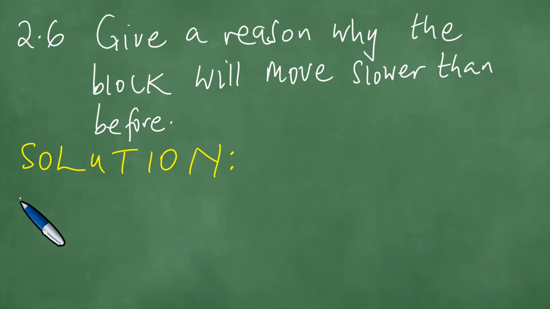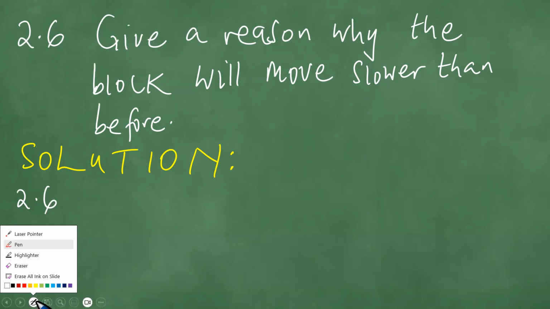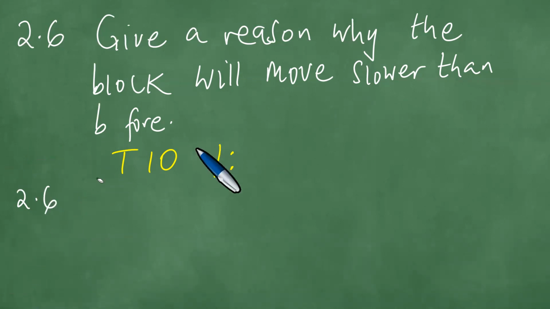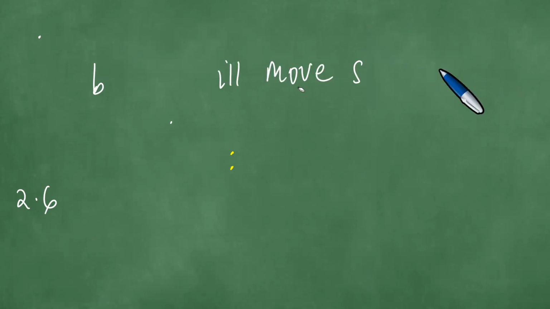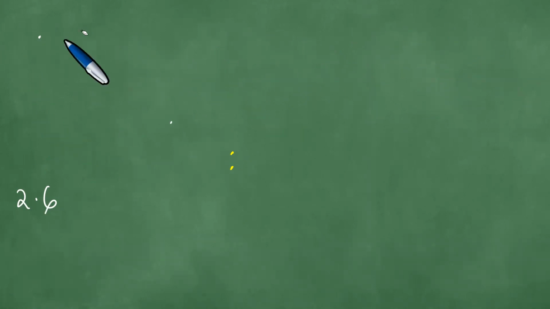Right, so let's look at the solution to 2.6. Give a reason why the block will move slower than before. I need to put more information here before this question, so let me load another part of the question, an extension part.